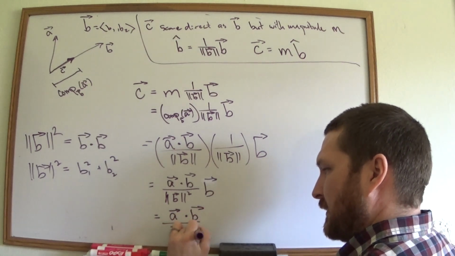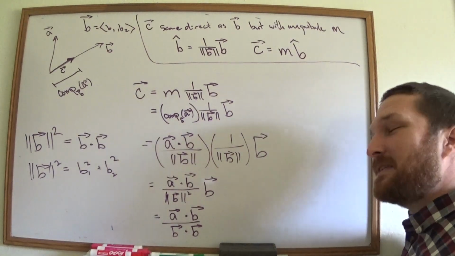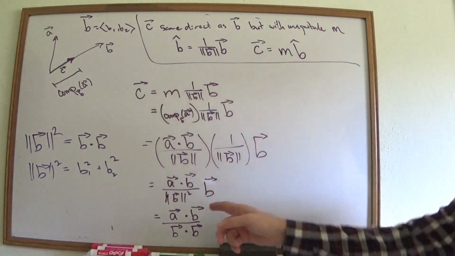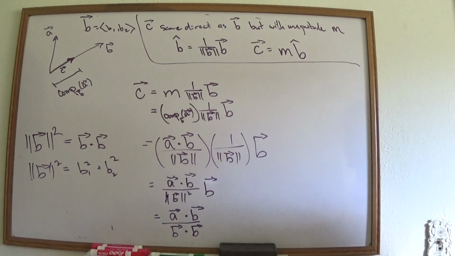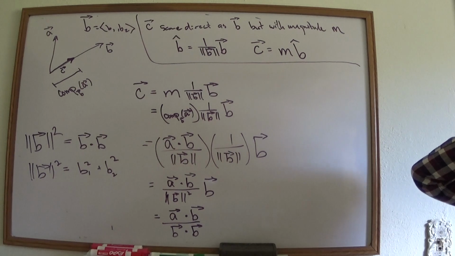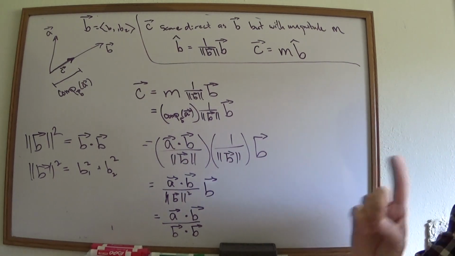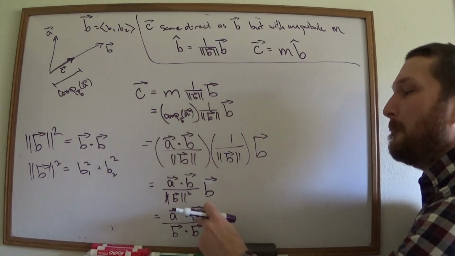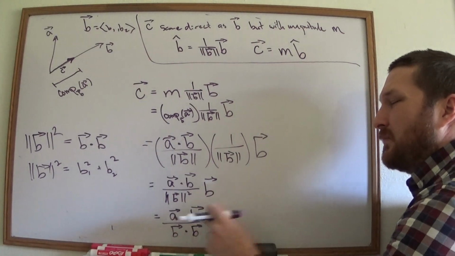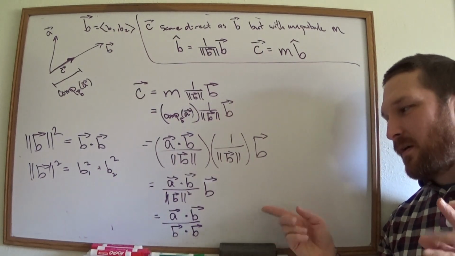Do those cancel? No, it does not work like that. You would have to try and prove that. This is where vector multiplication breaks down.